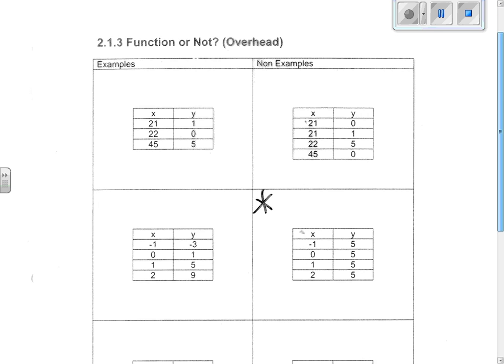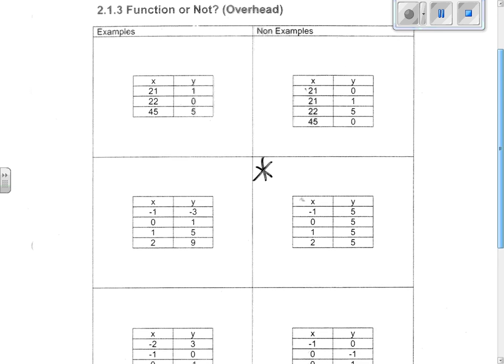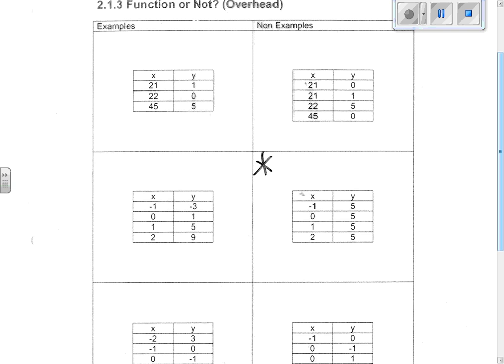These are tables of values. It's another way to find a function: for any x value, you can only have one y value. This one is a function. Each different x value has one answer. But this one is not a function because 21 has two possible y values. A function, each x value maps onto one y value, and this one is also a function.